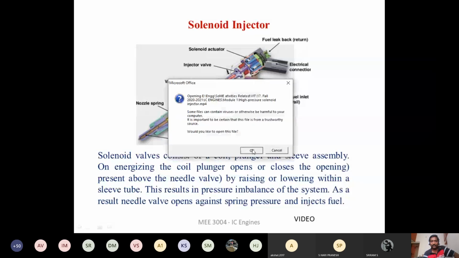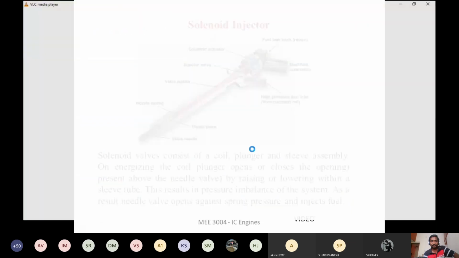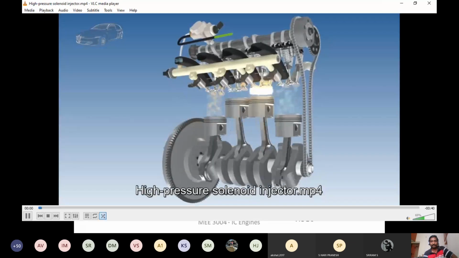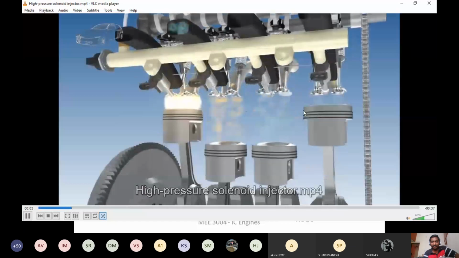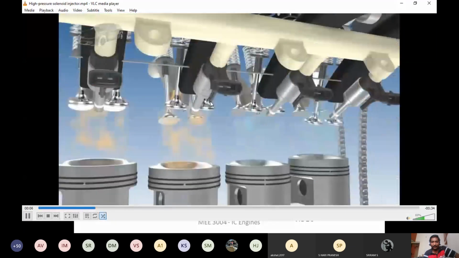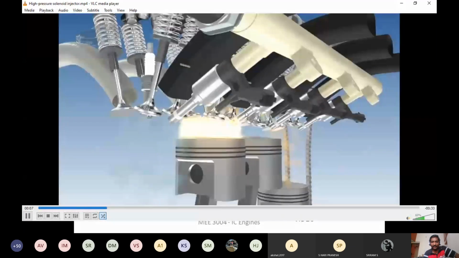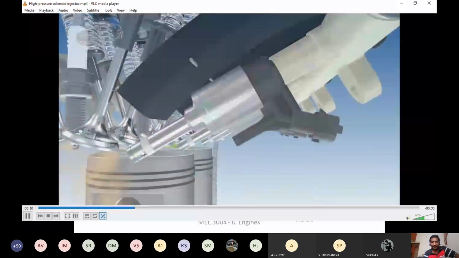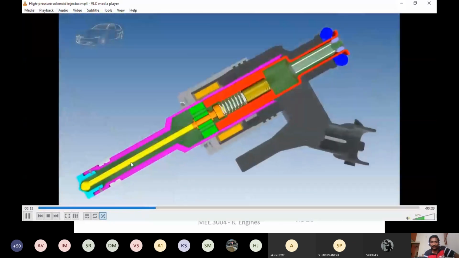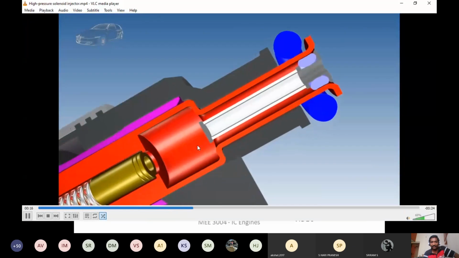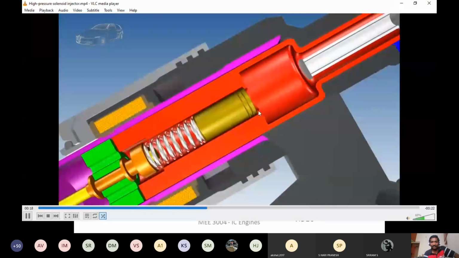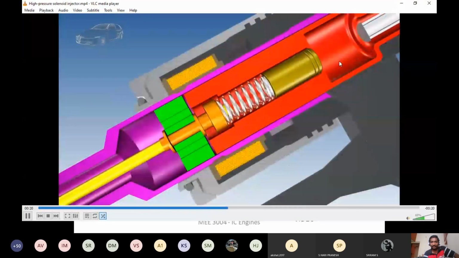Now you watch this video. This is working of the engine. So here you can see this is what we call the fuel injector, right? This is the fuel injector part. This is operated by a solenoid valve. So this is the solenoid activation.